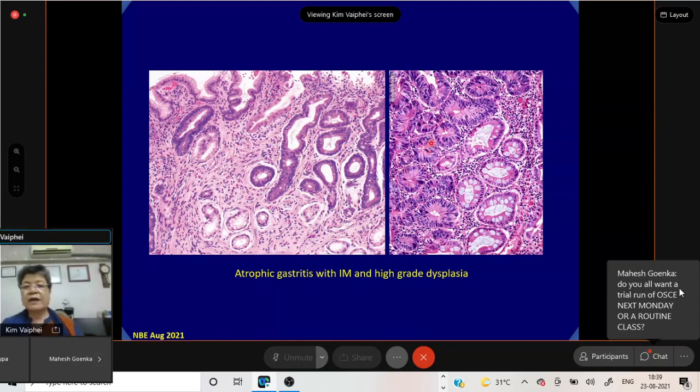Here there's a lot of nuclear enlargement, nuclear stratification, and at places the nuclei coming up towards the lumen. So most of the area, this is a low-grade dysplasia, but focally it is a high-grade dysplasia. And so dysplastic changes have to be all the time looked for in an atrophic mucosa in addition to the intestinal metaplasia.